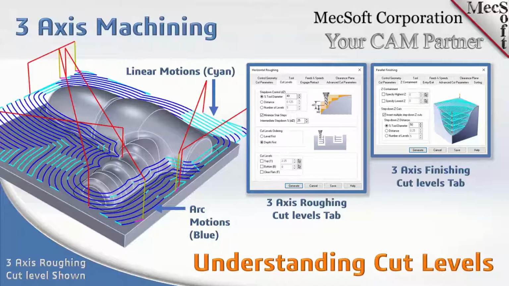This allows you to control the cut levels in 3-axis. You can give it a range. You can tell it don't cut any higher than this location, any deeper or any further down than this location, and you can tell it to cut in multiple levels. So in 3-axis multiple levels, it'll cut the level. When it gets to the actual part, it'll start cutting the contour of the part.